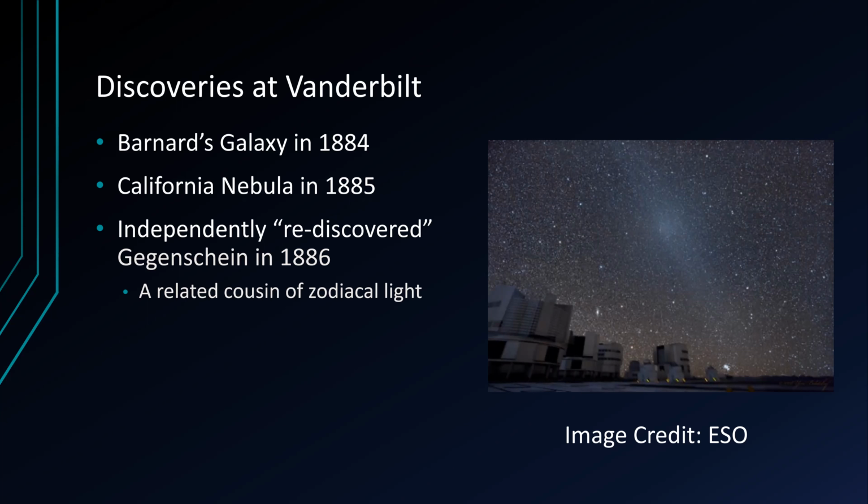The light was originally first noted around 1678 by a sailing astronomer, whose name escapes me because I forgot to put it on the slides. And over on the right, there's a quick picture showing what it looks like. It's this bright band in the sky over the ESO Observatory in the Atacama Desert.